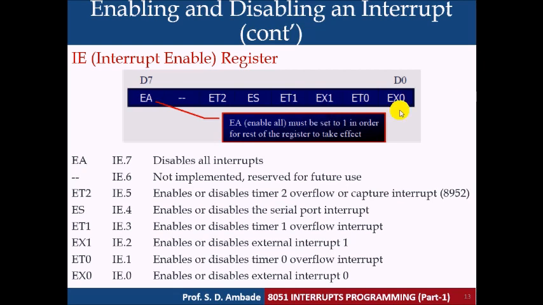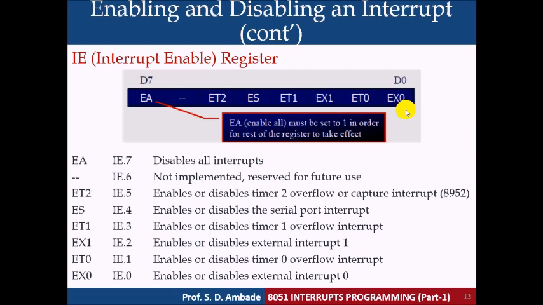EX1 is used for enabling or disabling external interrupt 1. ET0 is for enabling or disabling the timer 0 overflow interrupt. EX0 is used to enable or disable external interrupt 0.